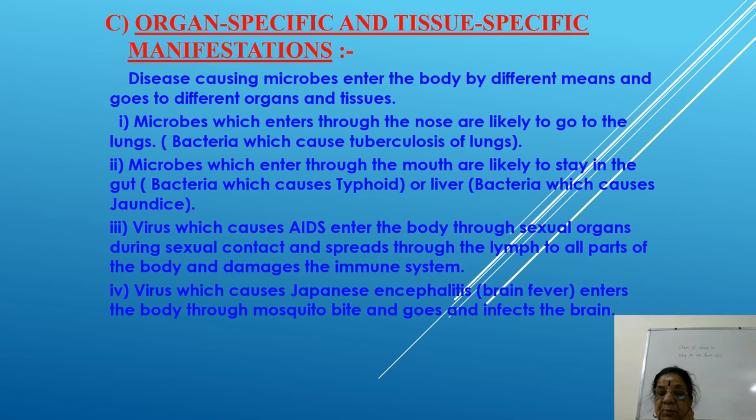Lymphocytes are a part of WBC. WBCs are granulocytes and agranulocytes, and the agranulocytes include lymphocytes. So HIV first enters into lymphocytes. In HIV infection, the virus goes to the immune system and damages its function.